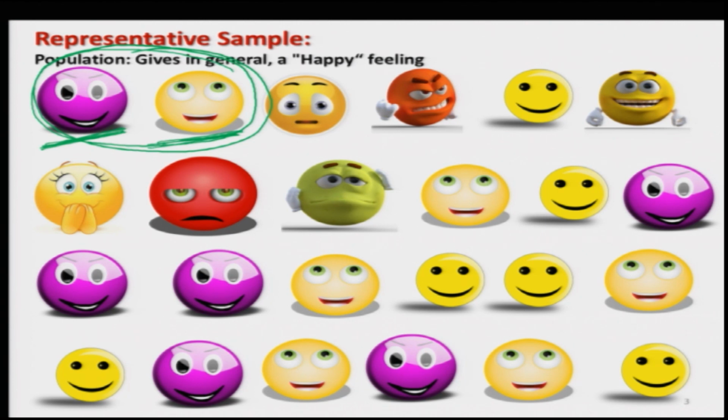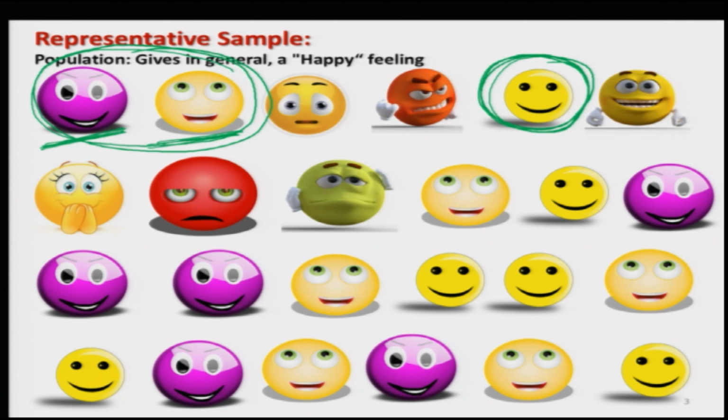Similarly, this yellow one, where I am making a circle, is also indicating a happy smiley. So, you can see that there are different types of faces which are indicating happy smiles.